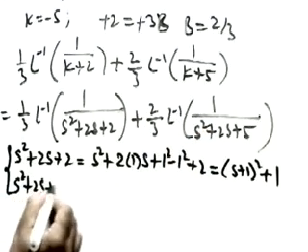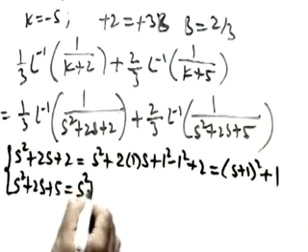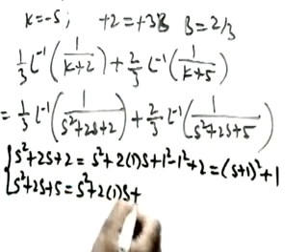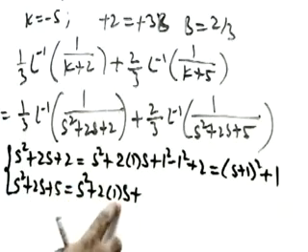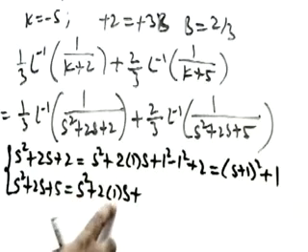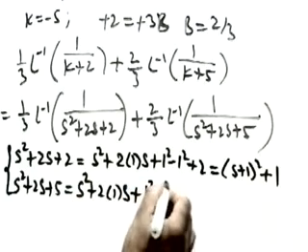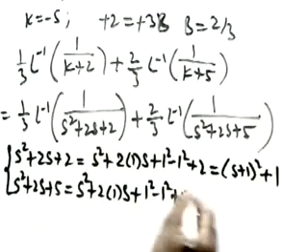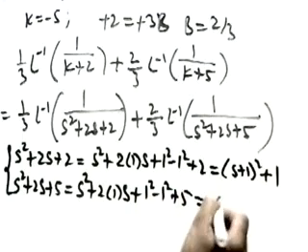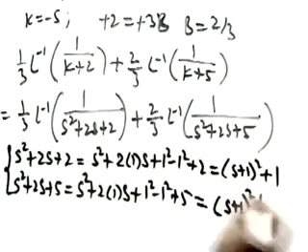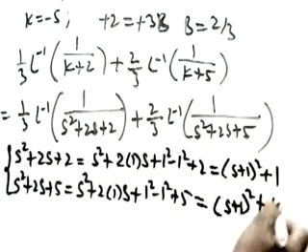See here, this also, s square plus 2s plus 5 equals s square plus 2 into 1 into s. 2 can be written as 2 into 1. This is a square plus 2ab, this is b. So we have to add b square minus b square plus this 5. Now a square plus 2ab plus b square is a plus b whole square, plus 5 minus 1 will be 4.